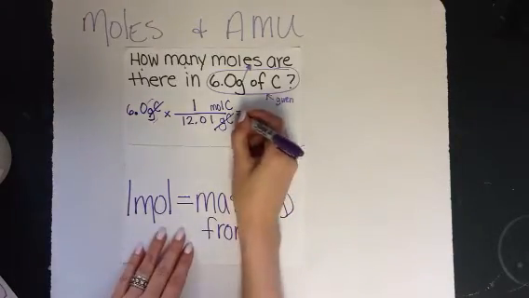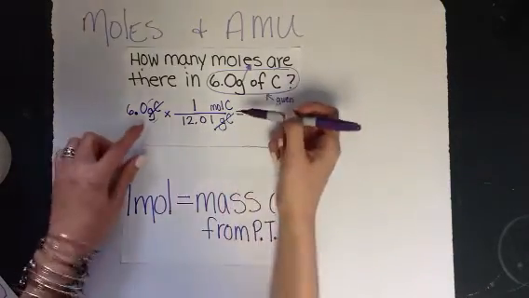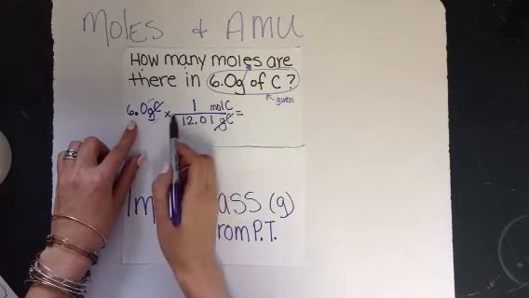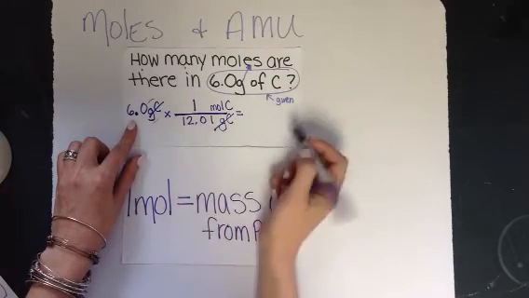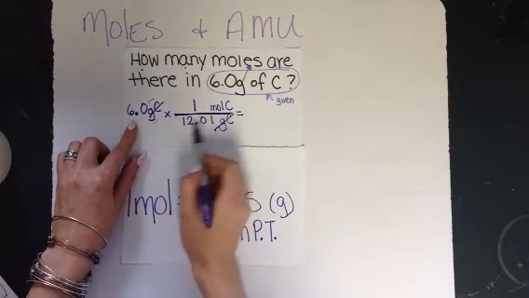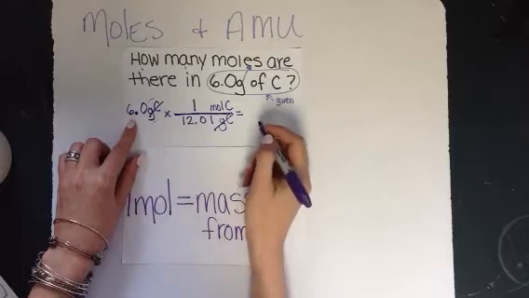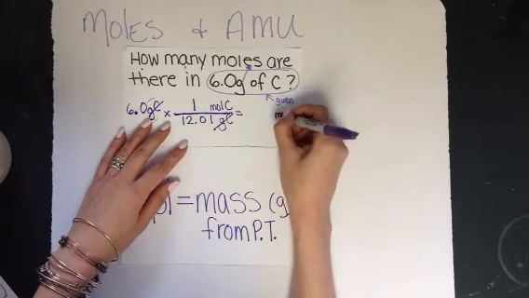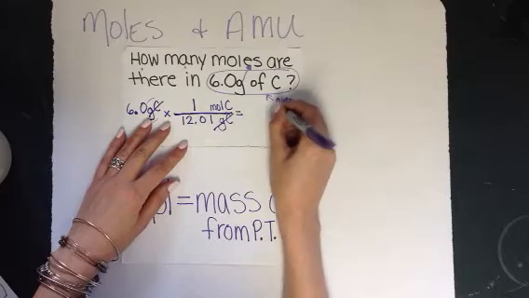And now all I have to do is get my calculator out and solve this problem. So it would be 6 times 1 divided by 12.01, or 6 divided by 12.01. Go ahead and take out your calculator at this time and calculate that. Don't forget to tack on the unit, moles of carbon.